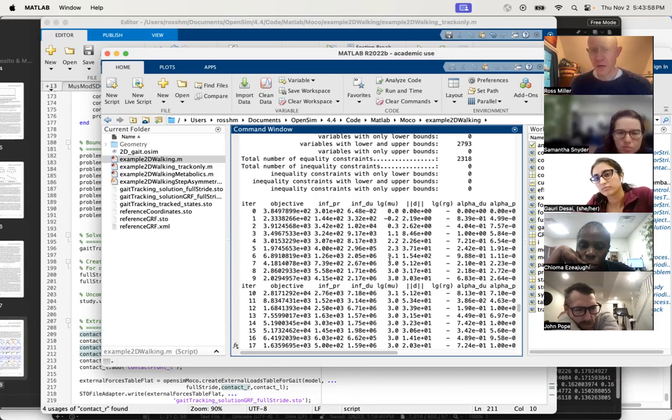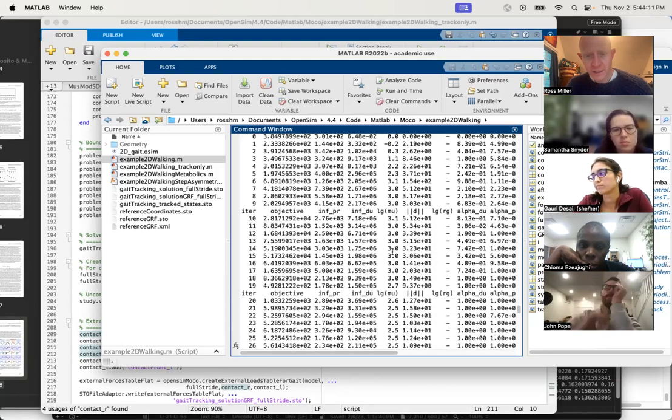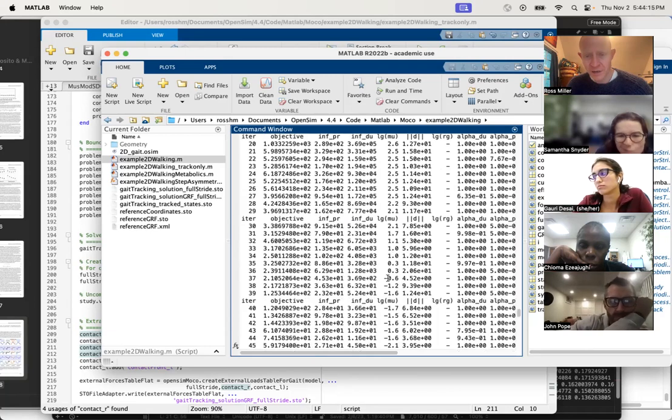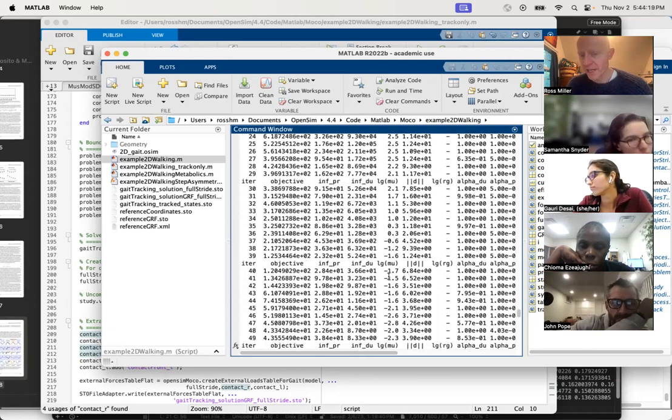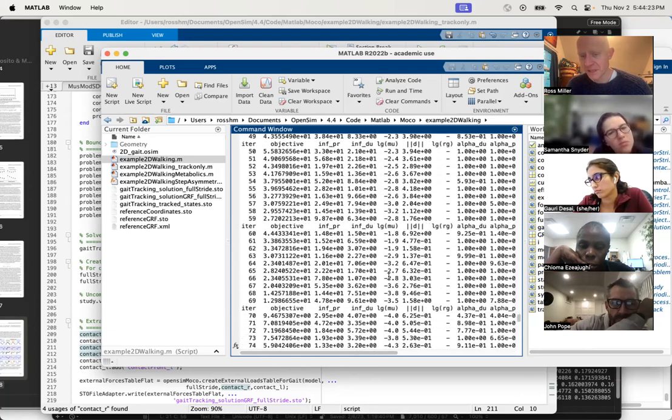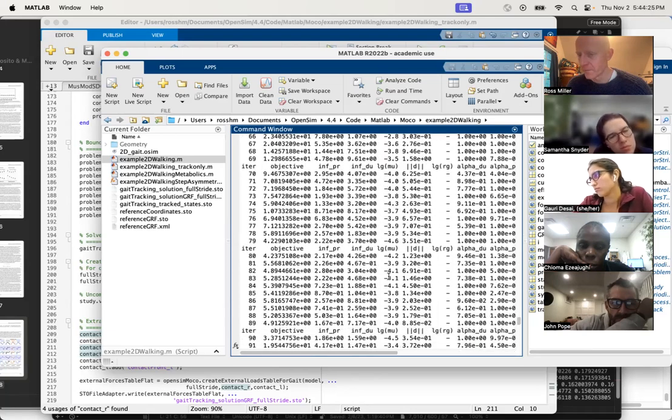Or is it something where there's some problem in my code or my setup and I just need to stop it and not waste my time letting it go for 3 days? It'll typically start at 0, and then it should pretty quickly, and here it happened after 37 iterations, go to a negative number and then should keep getting progressively more negative.